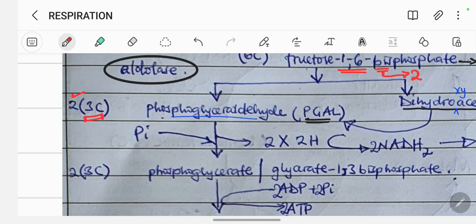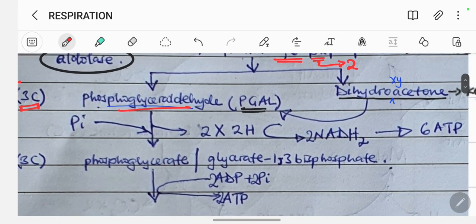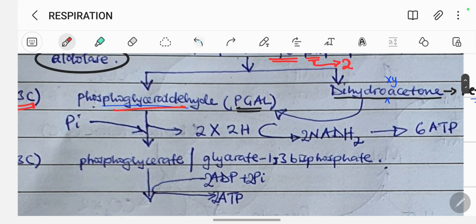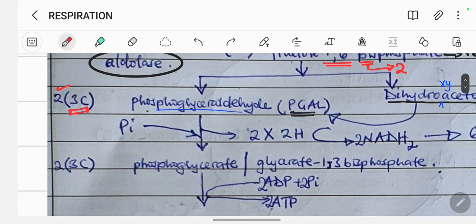One was converted from dihydroxyacetone to phosphoglyceraldehyde, and the other phosphoglyceraldehyde was already existing. So I hope you're getting that.